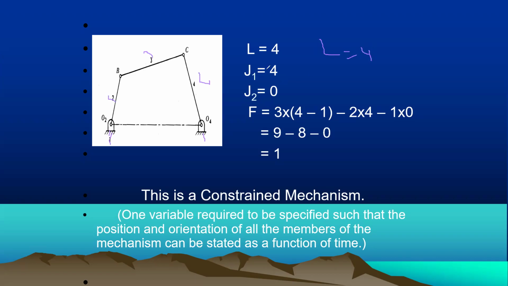Now let's find the joints. The joints with 1 degree of freedom: joint 1, joint 2, joint 3, joint 4. So J1 is 4. J2 is 0 because there's no other link causing that motion, so it is not there.